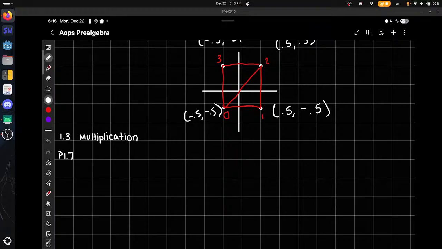So using the two pictures below, explain why 2 times 3 equals 3 times 2. So they have this. And then they also have this. And we're supposed to explain why this here equals this.